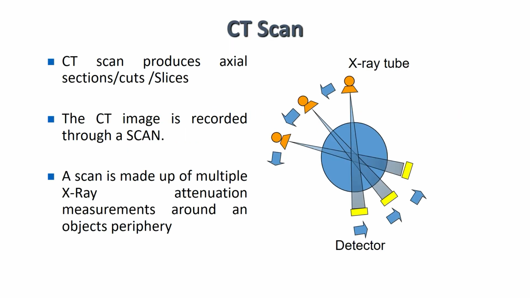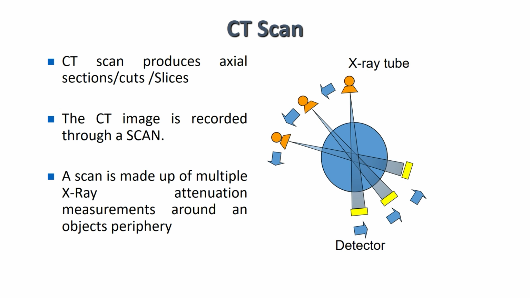This is the basic principle of the CT scan. Here you can see the cross section of the CT machine. There is an X-ray tube and the detector, which you can clearly see in the image, and the round blue circle is the patient. Multiple X-ray beams pass through the patient and are detected by the detector. This is the whole procedure.